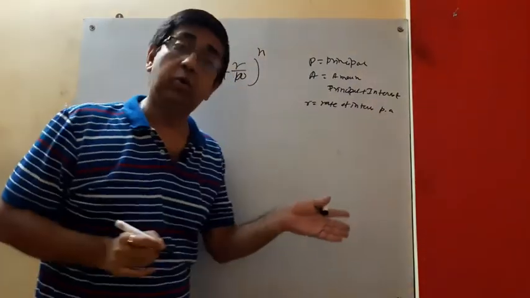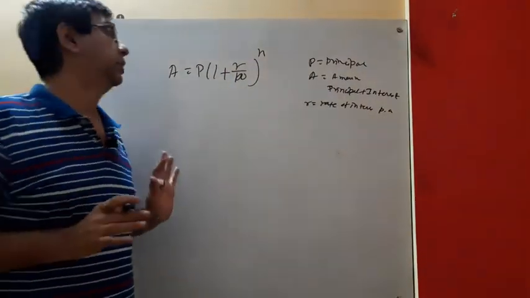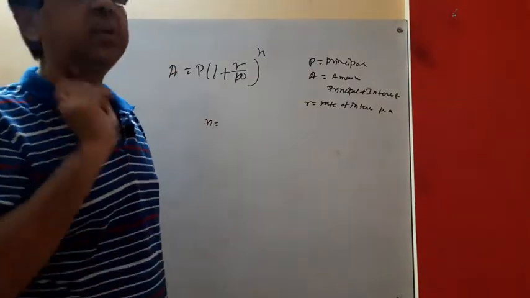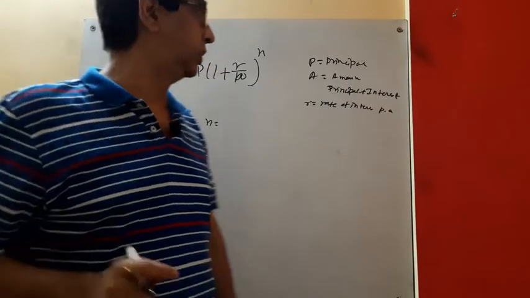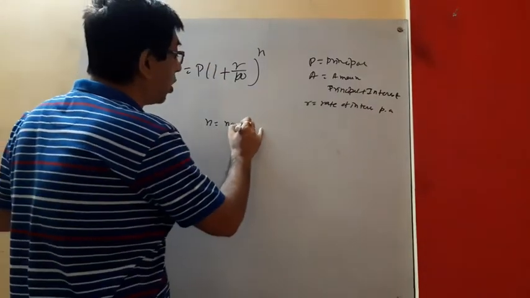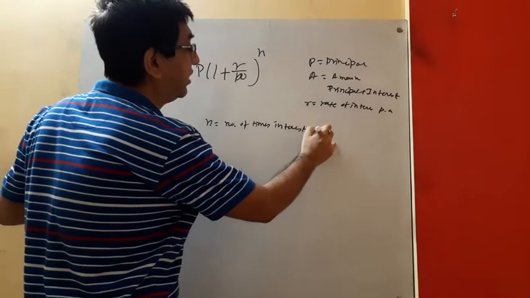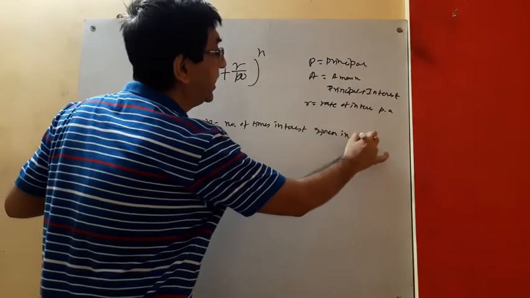It may be semi-annually, it may be quarterly, whatever it may be. And what is n? This is very important. This is called the conversion period, that is, the number of times interest is given in 1 year.